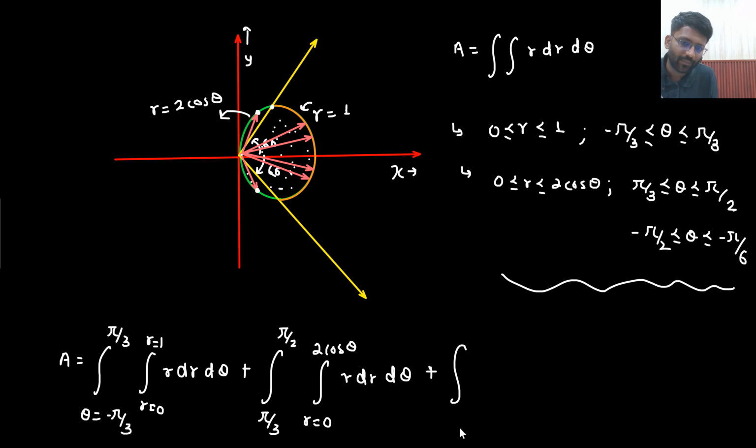And then theta going from minus pi by 2 to minus pi by 3, not pi by 6, it is pi by 3. Sorry guys, it is pi by 3. Minus 90 to minus 60, with r going from 0 to 2 cos theta, r dr d theta. This will be your final answer.